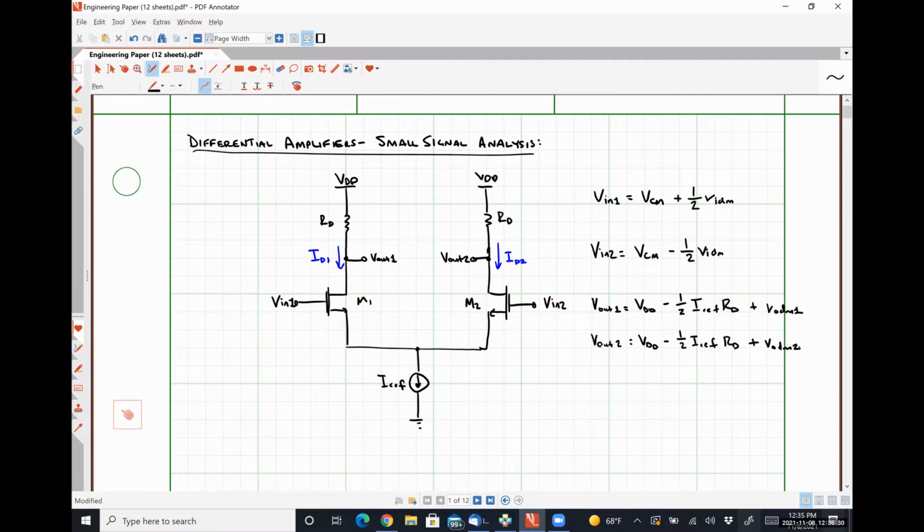There's going to be some small differential mode voltage at the output, but effectively the whole thing is going to be biased at this DC level.